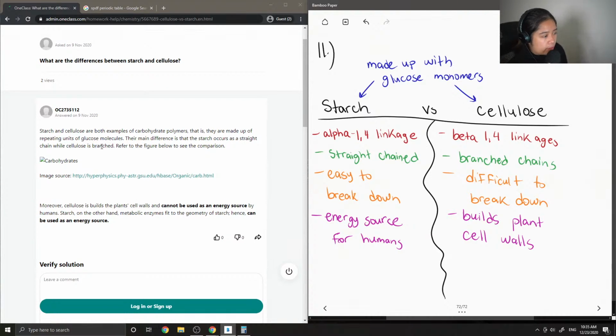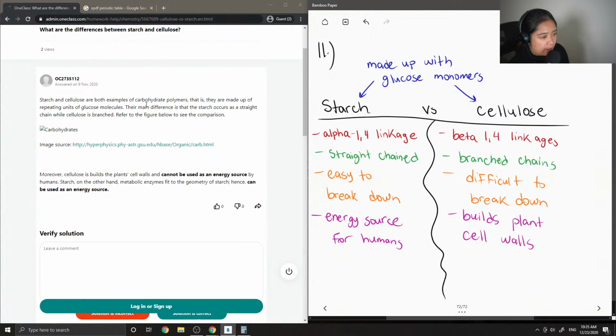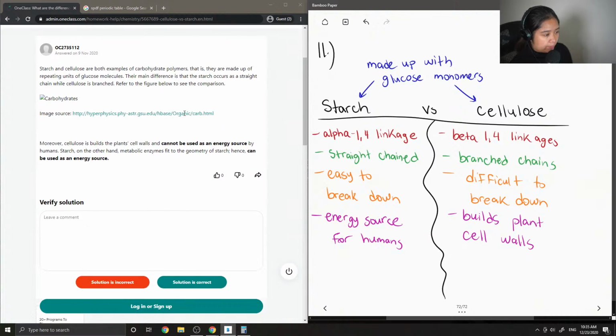Okay, so the junior tutor said, starch and cellulose are both examples of carbohydrate polymers. That is, they are made up of repeating units of glucose molecules. Their main difference is that the starch occurs as a straight chain while cellulose is branched. I'd say the main difference is probably the linkages, but I'll write that down in a bit.